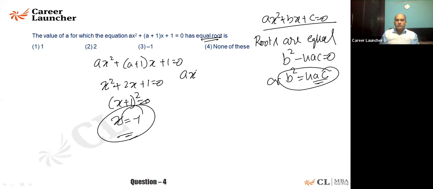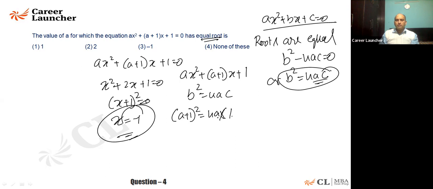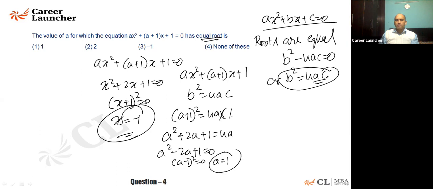Second way is ax square plus (a plus 1)x plus 1, where b square is equal to 4ac. b square is (a plus 1) square is equal to 4 into a into c. That is a square plus 2a plus 1 is equal to 4a, or a square minus 2a plus 1 is equal to 0, or (a minus 1) square is equal to 0. I'll say a is equal to 1. So the answer comes out to be a is equal to 1.